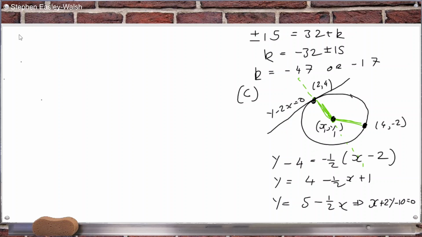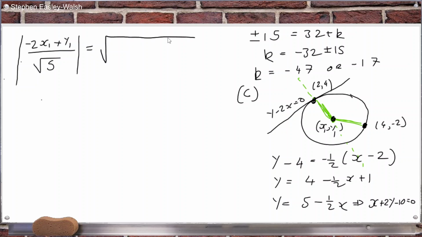Okay, so, minus 2x1 plus y1 plus 0 all over square root of 5. So that's the distance from that point to there. And then that should equal square root 4 minus x1 squared plus minus 2 minus y1 squared.